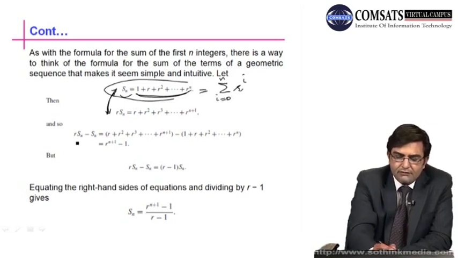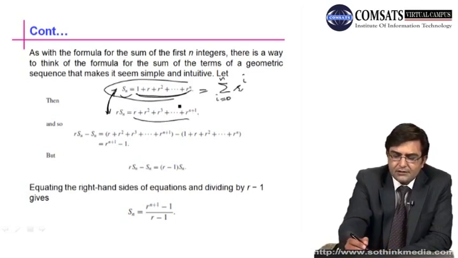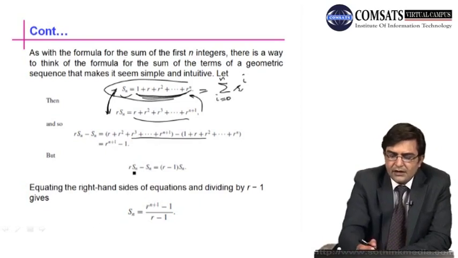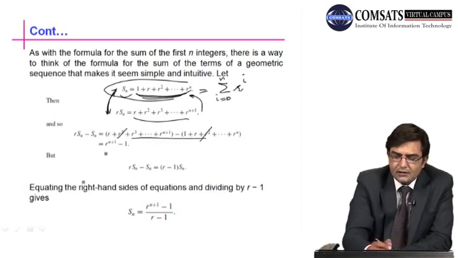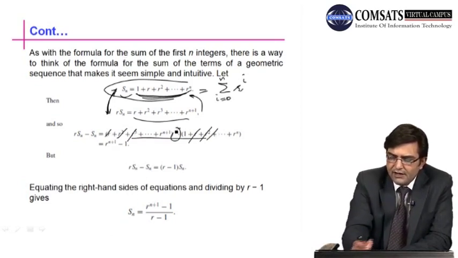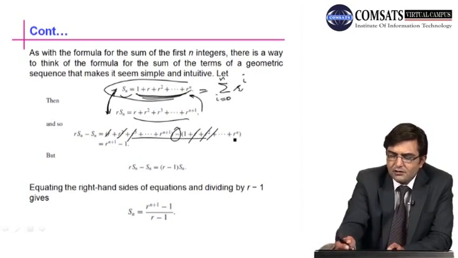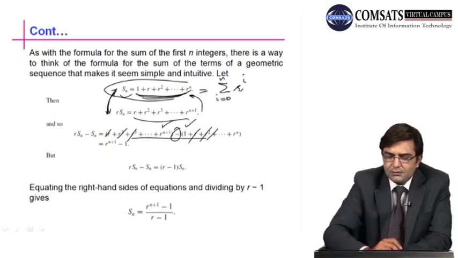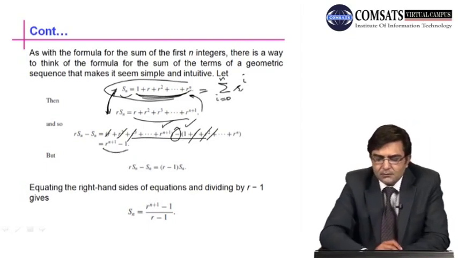Here on the left hand side we have r into Sn minus Sn, and when we subtract this from this we obtain this. Here r square is cancelled with r square, r cube is cancelled with r cube, because here we have a negative sign. So what is left? Only 1 and r power n plus 1 is left. So we get r power n plus 1 minus 1.